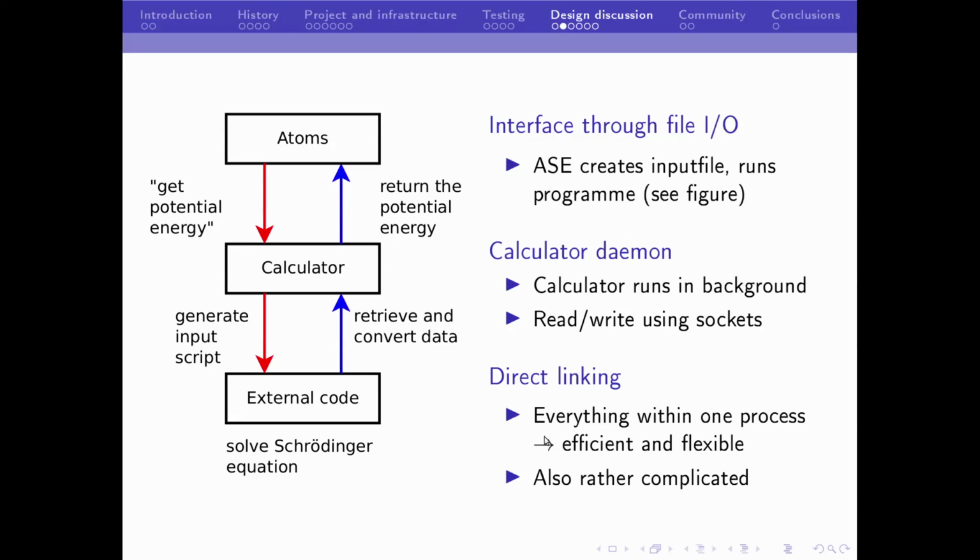And finally, there are some calculators that are directly inside the Python process. Then you can do a lot of things because you can poke into the code and retrieve anything as long as there is a Python interface for it. So that's, for example, the case with the GPAW code. But it can get quite complex because if the code is parallel, then your Python process is also parallel.